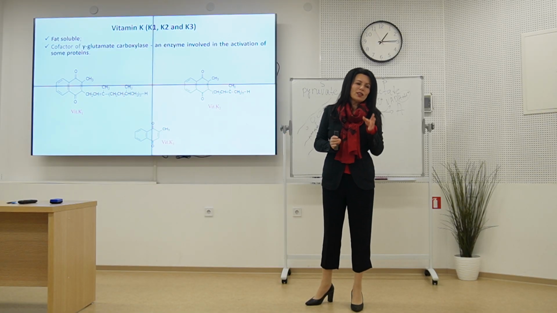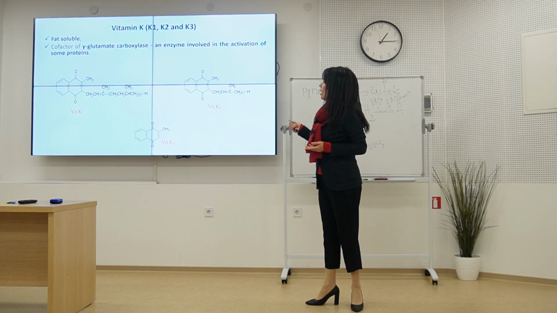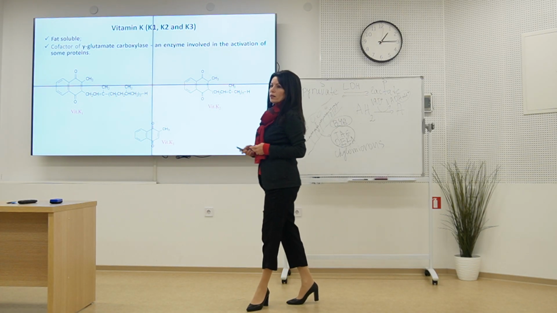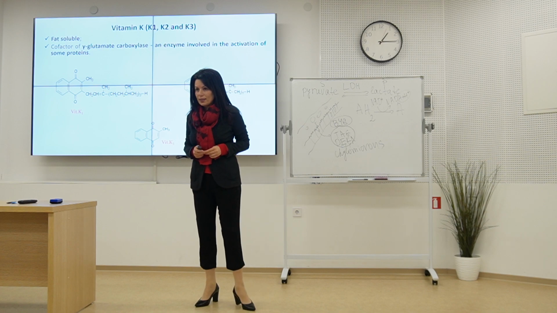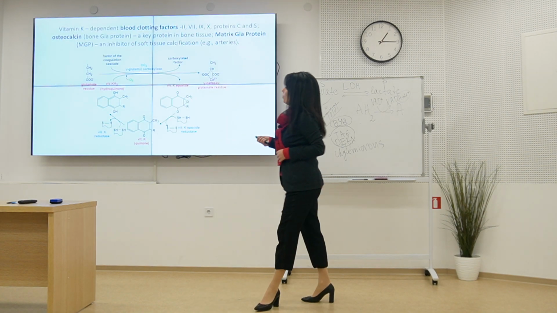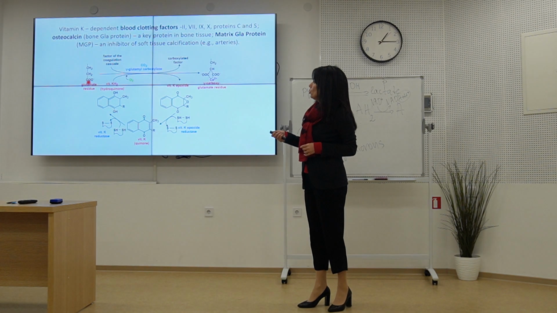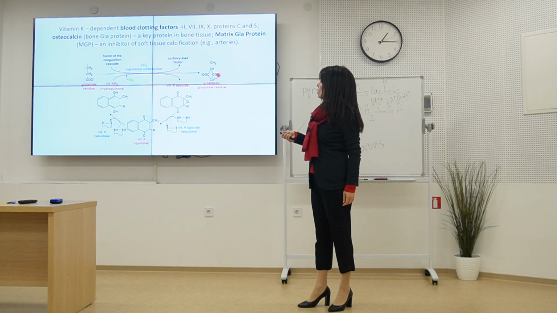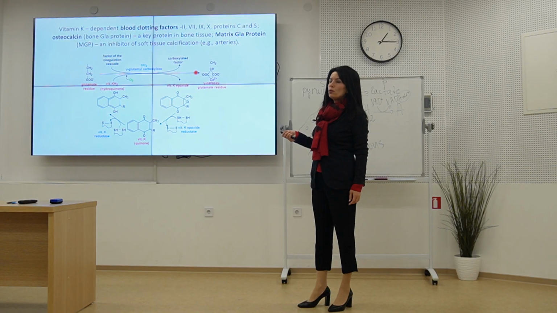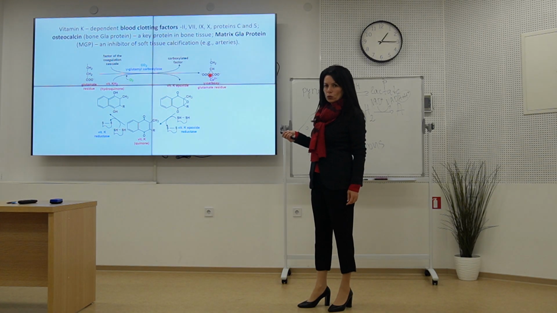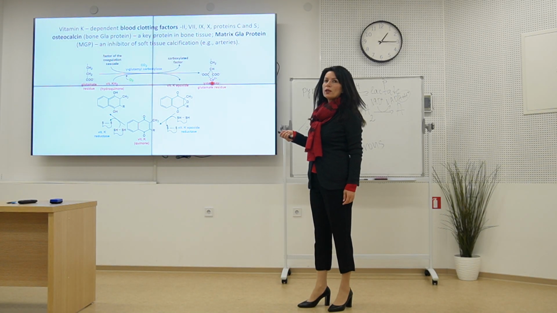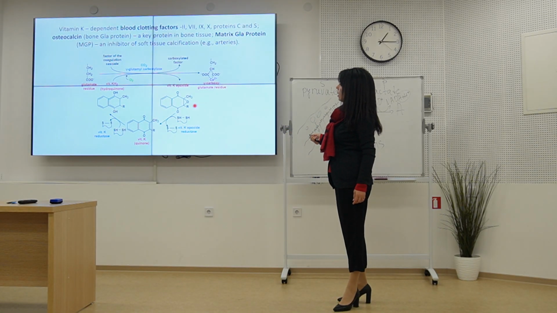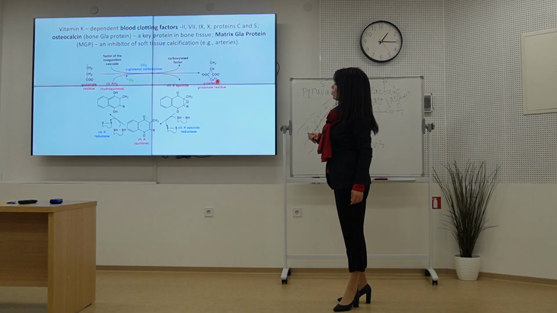Not proteins, of course, I'm talking about amino acids. There is only one amino acid that can be carboxylated, and it's glutamate. Glutamate can be carboxylated to gamma-carboxyglutamate. And the role of gamma-carboxyglutamate is the formation of one more carboxyl group to contact with calcium, with one molecule of calcium. This is the role.